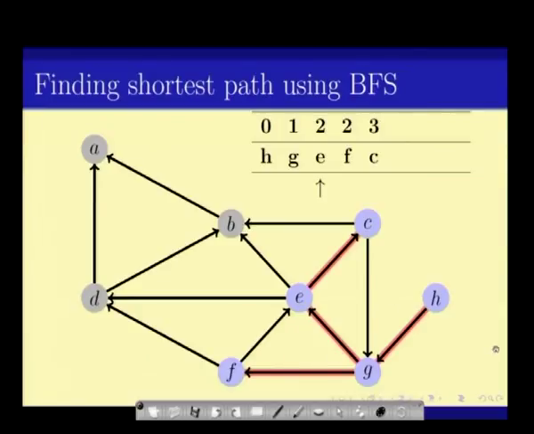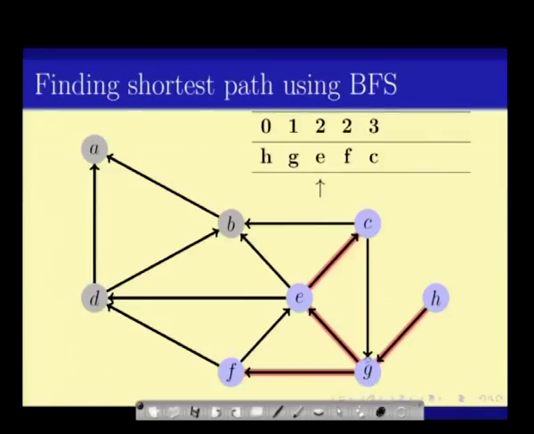Now, one might ask why the distance of C from H is 3. Why can't it be lower? How can it be lower? It can be lower if, for example, there was an edge from G to C. If there was an edge from G to C, I would have got a distance of just 2.